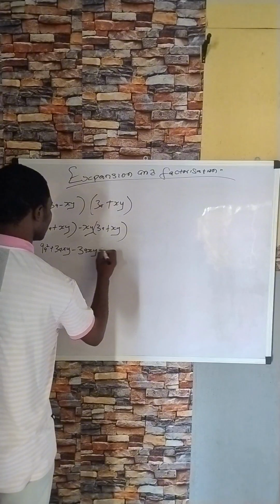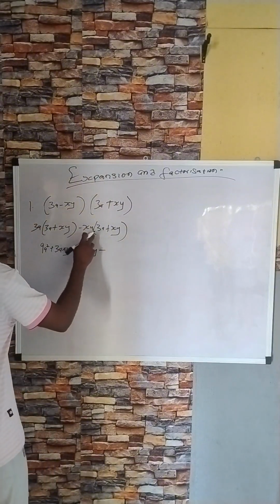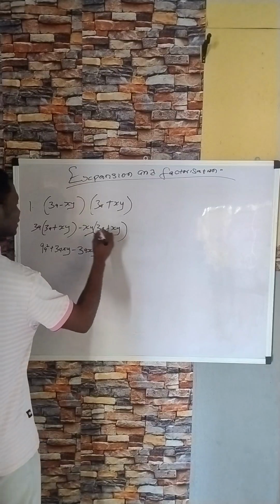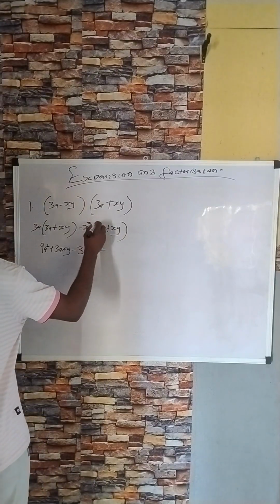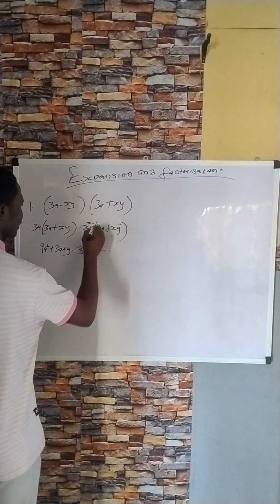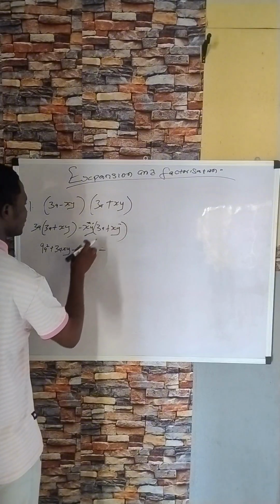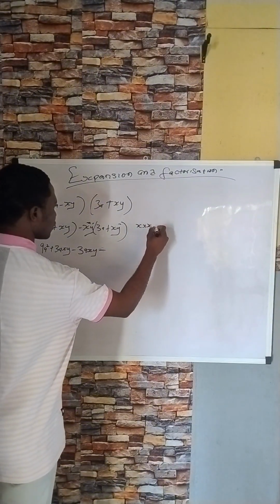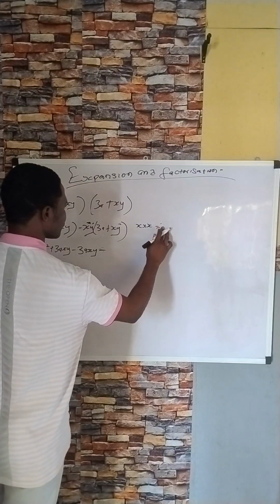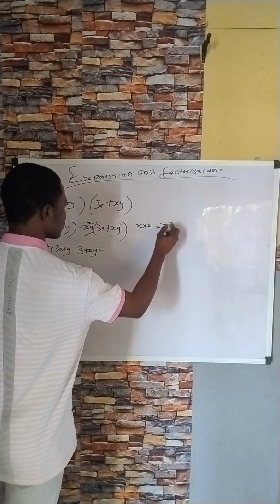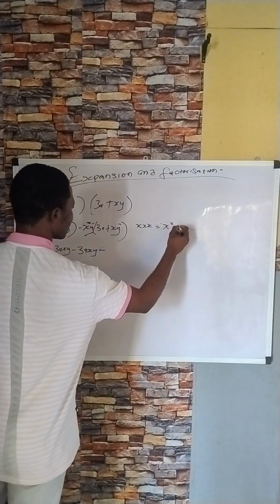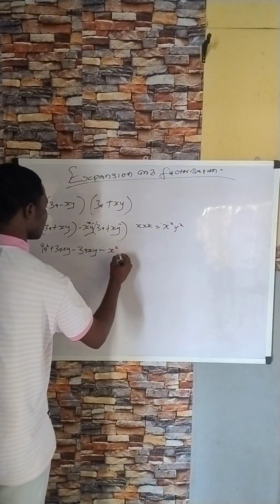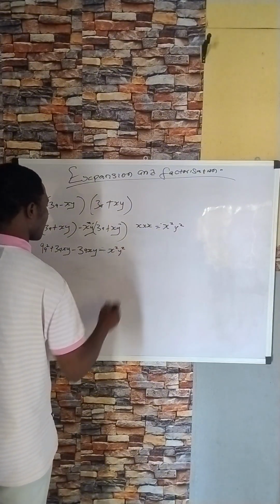Then negative xy times xy: x times x is x squared, and y times y is y squared. So this will give you minus x squared y squared.